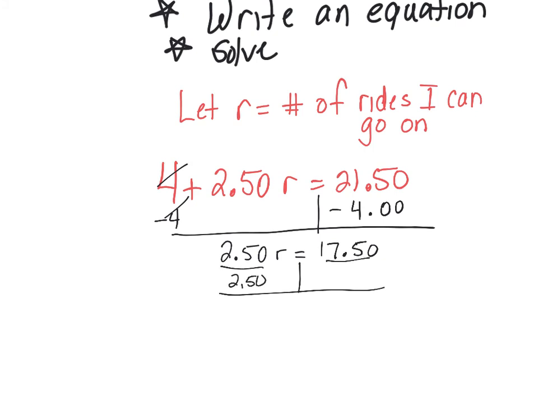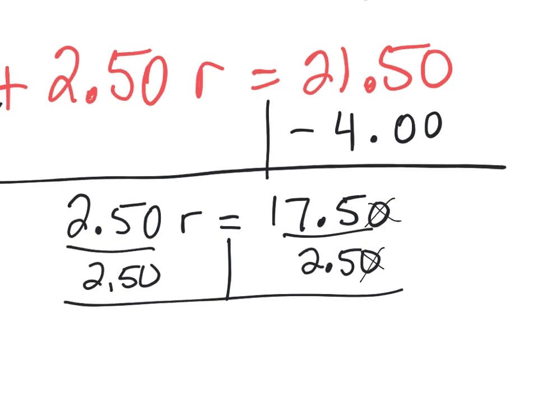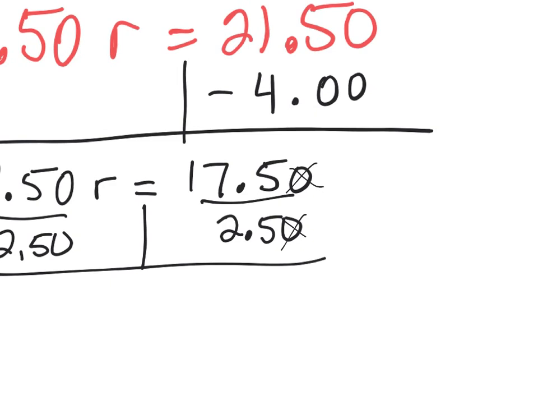Yep. All right, guys, a little suggestion for you. You see this part right here? 17.50 divided by 2.50. Can't I just mark off these 2 zeros? Now, when I put 17.5 under here and 2.5 on the outside, can I divide like that?